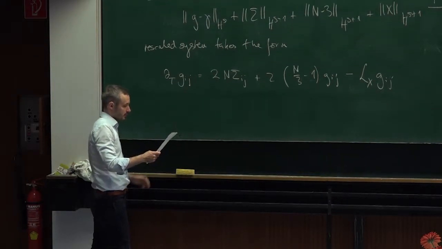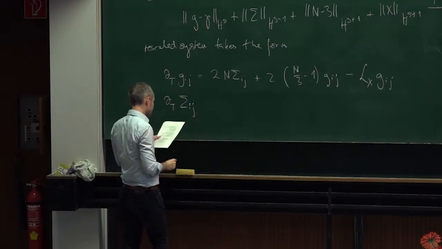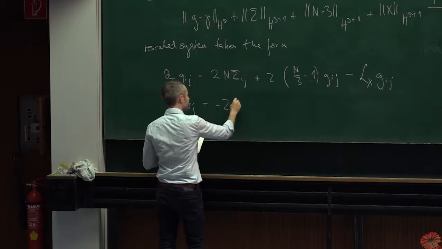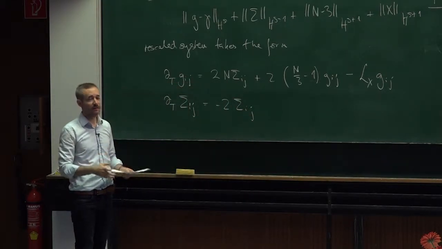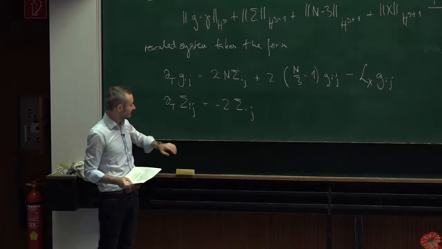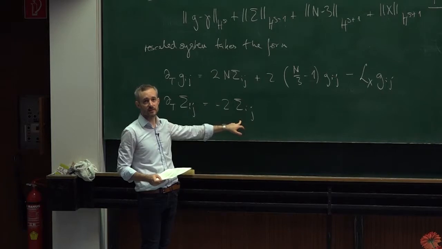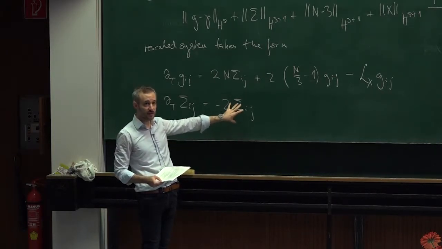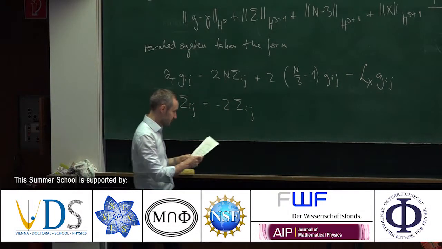And now the evolution equation for sigma_ij is minus 2 sigma_aj, and everybody who sees that may already get excited, because here we see a quantity whose time derivative is minus twice the quantity, which looks very much like decay. So this term is essential for getting decay in our estimate.